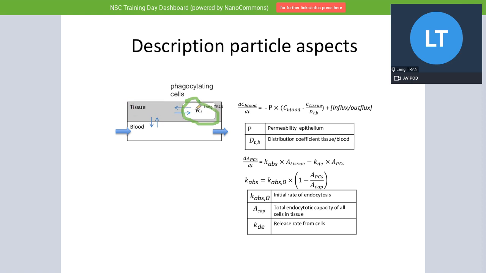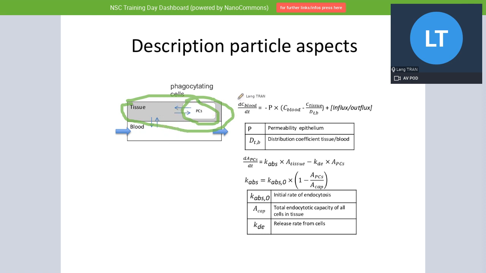For example, the bigger compartment is the tissue, and inside it, there's a subcompartment representing the alveolar macrophage, for example. Of course, there are particles that go into the macrophage and there are particles that go out. It's just like there are particles that go from the tissue to the blood, and there are particles that go from the blood to the tissue, okay?